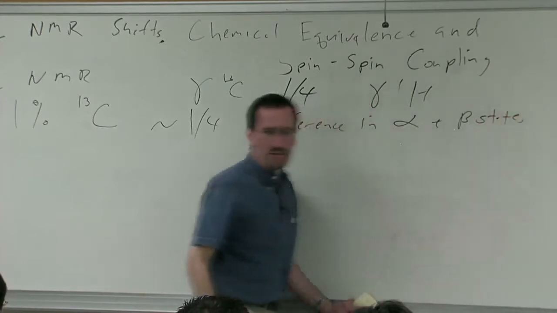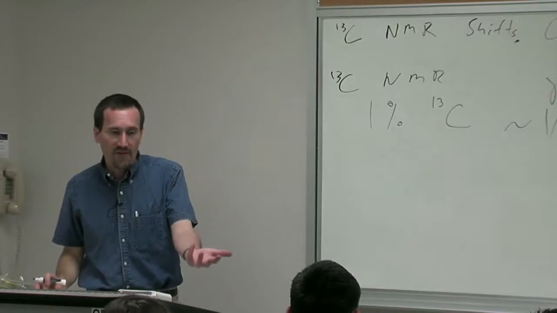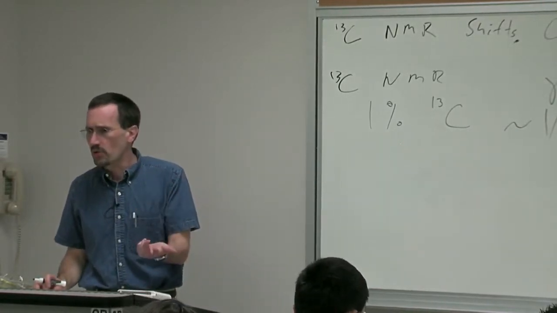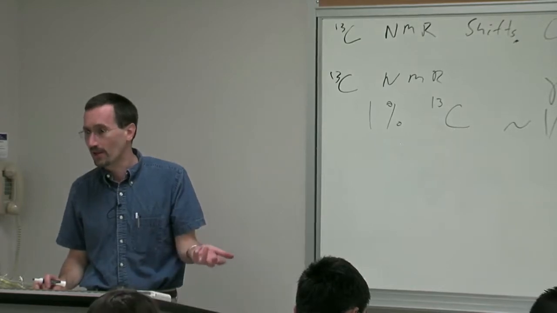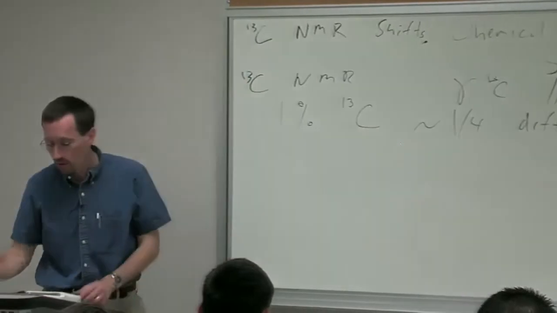So already we've got fewer nuclei that can flip up. To put it another way, a 500 megahertz spectrometer gives you a carbon spectrum at 127.5 megahertz, a hair over a quarter, because the magnetogyric ratio is a hair over a quarter.